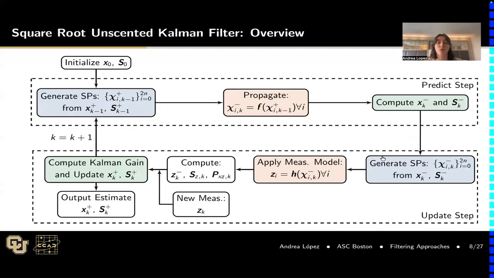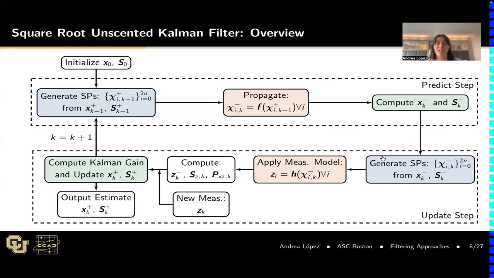And then the QPO around the NRHO is a little bit more messy, a little bit more complicated to describe. So for our filtering approaches, we're focusing here on a square root unscented Kalman filter and a Gaussian mixture version of this filter. For the square root UKF, we have here pretty much the typical diagram, the same as for the UKF. The advantages of using the square root version are increased numerical stability and a guarantee of positive definiteness in our covariances.